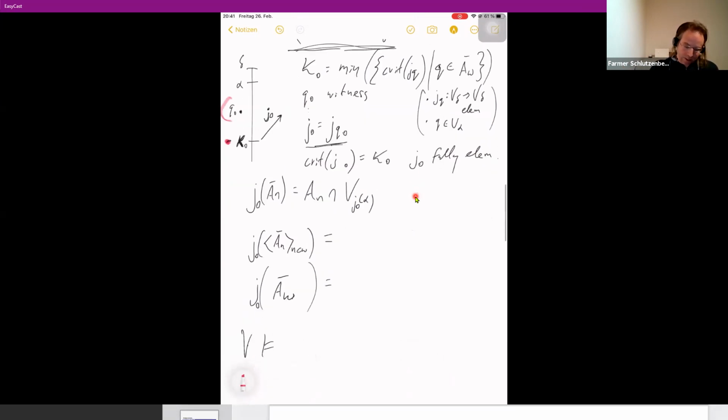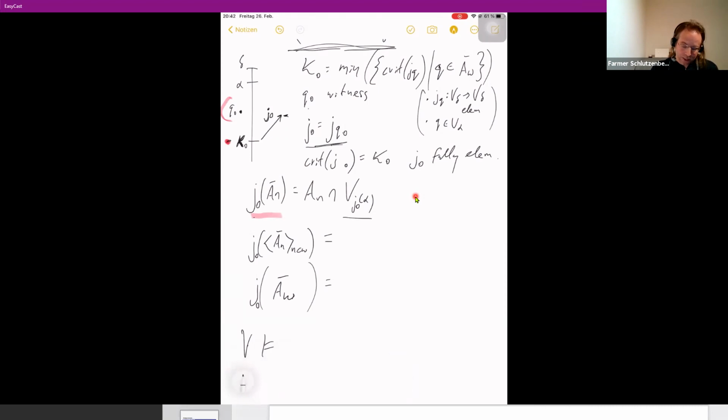Now we want to get this contradiction. We've got the image of kappa_0, and we want to say that that one should now be the minimal one or something like that. I won't argue exactly like that, but basically, J_0 is fully elementary. So when I apply it to A bar n, I just get A_n intersect this rank segment.